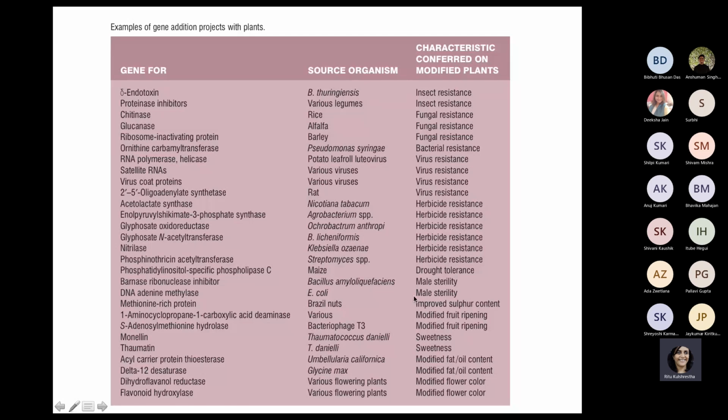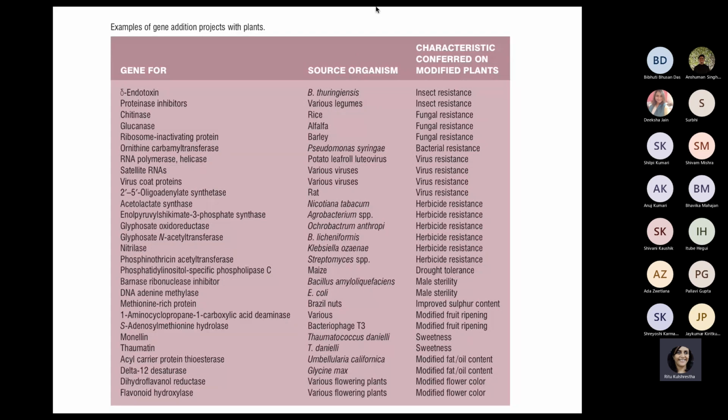Some will have better yield, some will have better content, altered fruit ripening. I'll just come to this example, modified fat, and so on. And what I want to bring to your attention is the fact that the genes have been taken from various different sources. It is how smartly and how observant you are that you can come up with a transgenic plant with the excellent character that you seek.